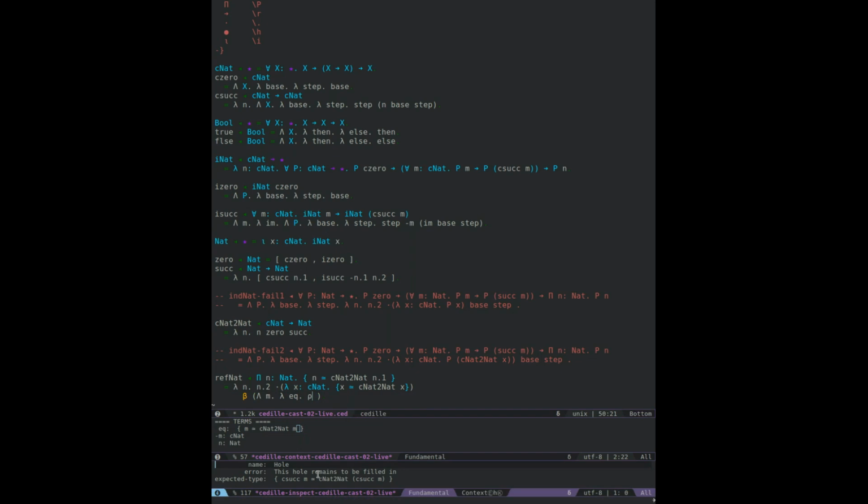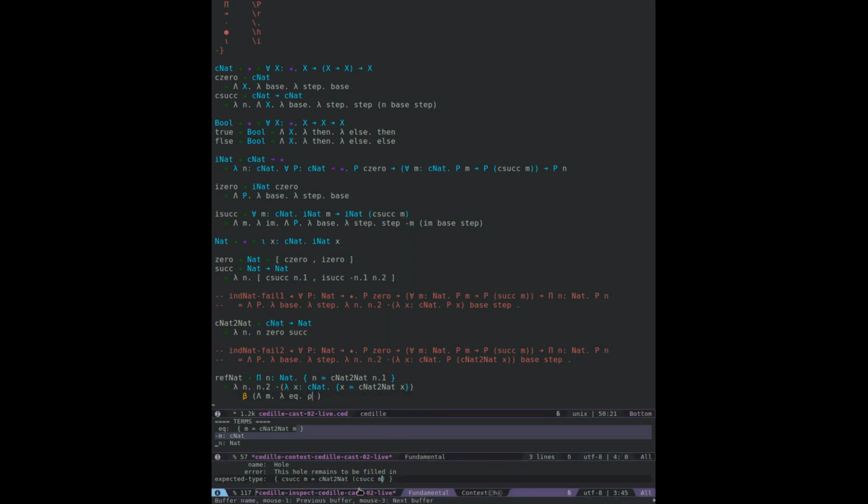Here, I want to be a little bit more aggressive because I don't want to rewrite simply left to right in this way, because if I do, I'll get the successor of CNAT2NAT m is equal to CNAT2NAT m of the successor of CNAT2NAT m, which doesn't get me anywhere.